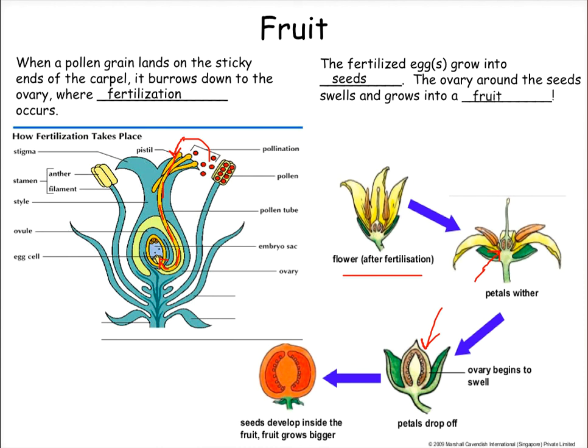So where the flower once was, a fruit grows. And so we've got the end of the diagram here. You can see the flower has completely diminished, and now we have a fruit containing the seeds, which will hopefully attract some animals that can disperse those seeds to new locations where they won't compete with the parent plant.